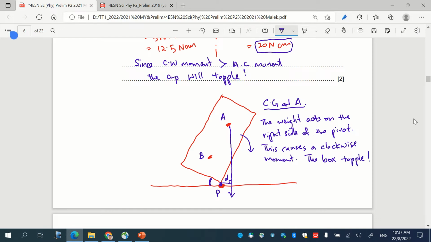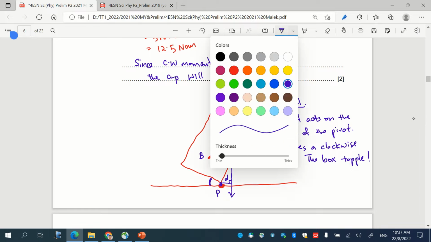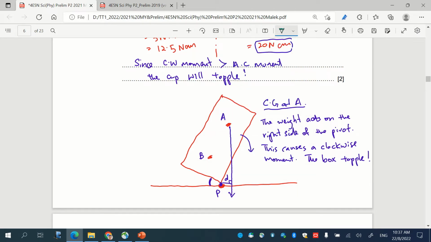On the other hand, if I look at CG at B, if I draw the line of action of the weight, it will be on the left side of the pivot point. If it's on the left side of the pivot point, it will cause an anti-clockwise moment.